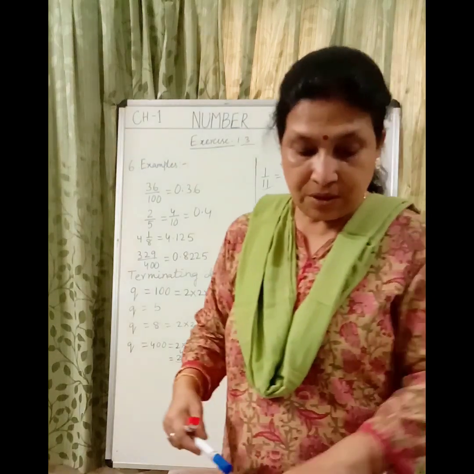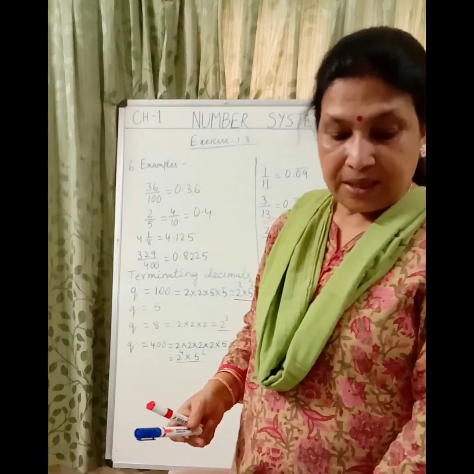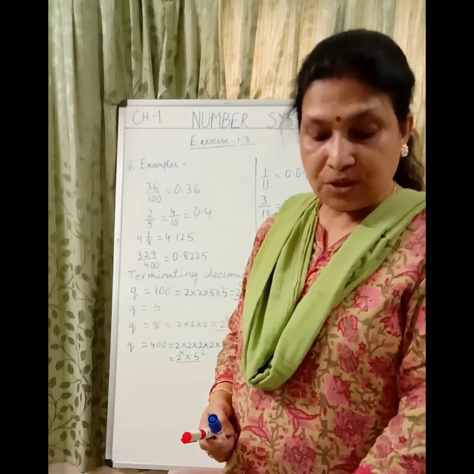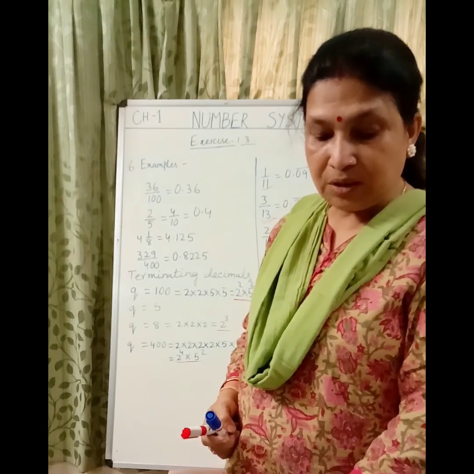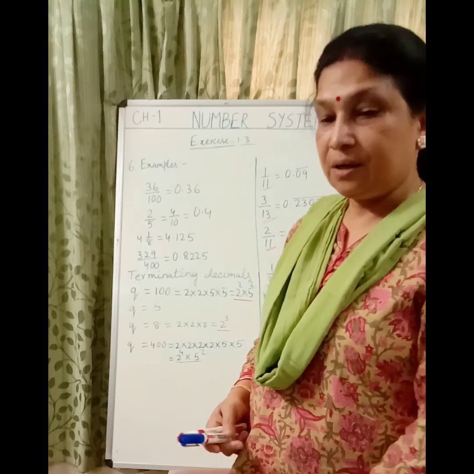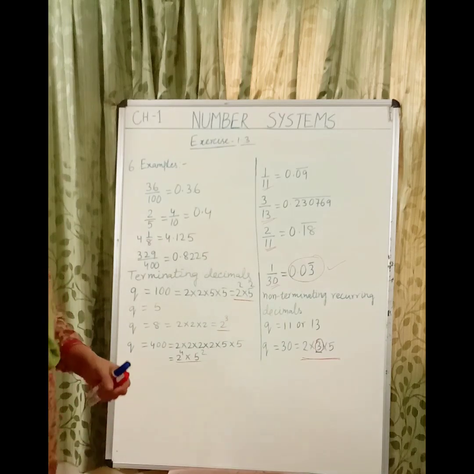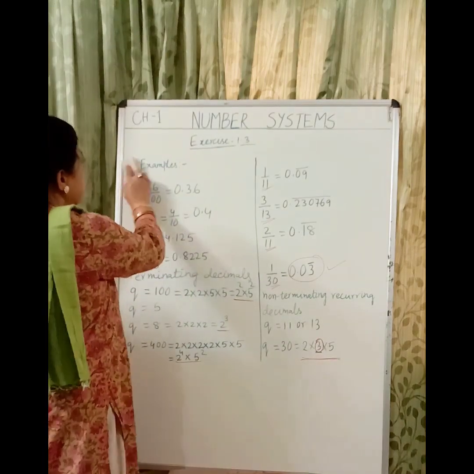The next question is question 7. Write 3 numbers whose decimal expansions are non-terminating, non-recurring. We can take many examples.